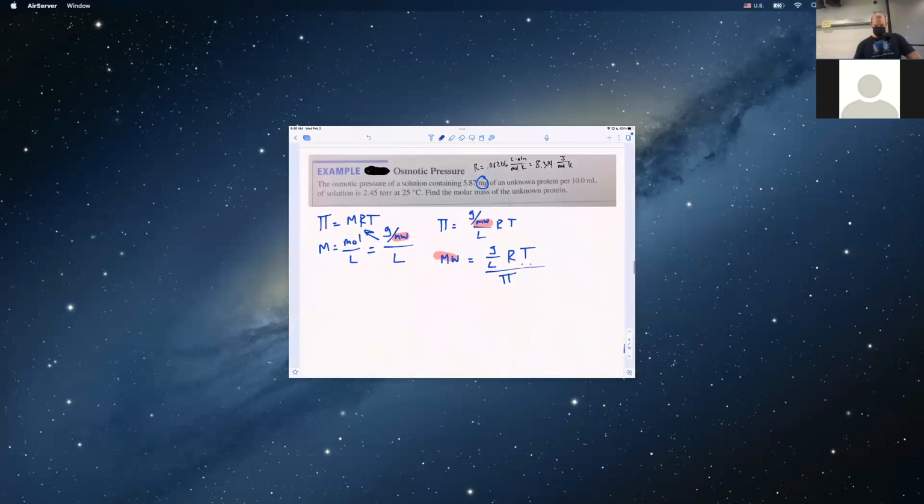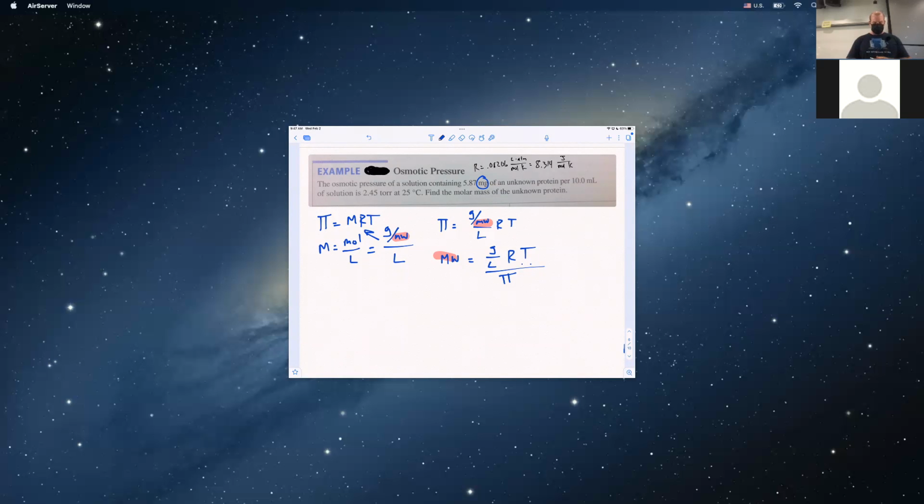So let's do this. The osmotic pressure of a solution containing 0.587 milligrams of an unknown protein per 10 milliliters of solution is 2.45 torr. Find the molar mass of the unknown protein. A couple of things I wanted to rearrange here.